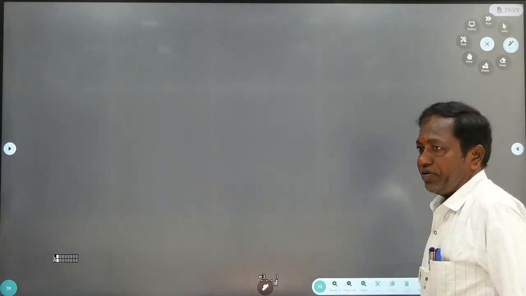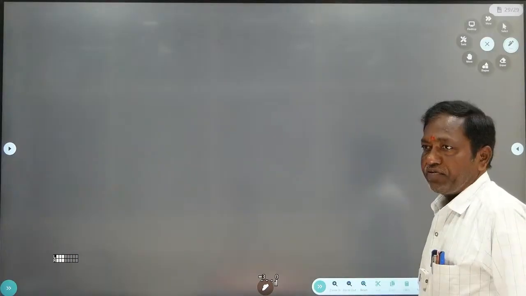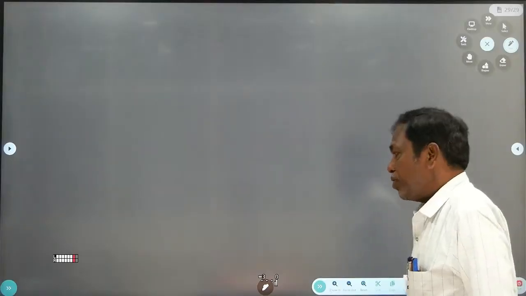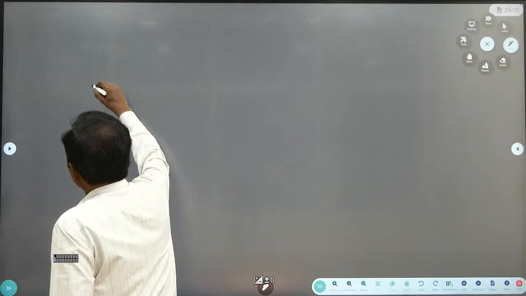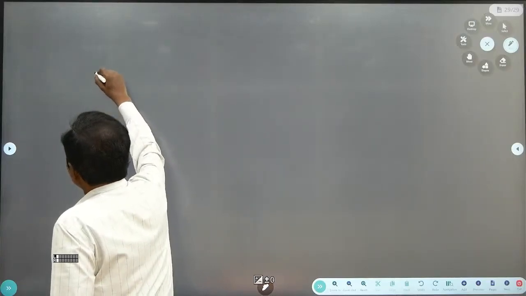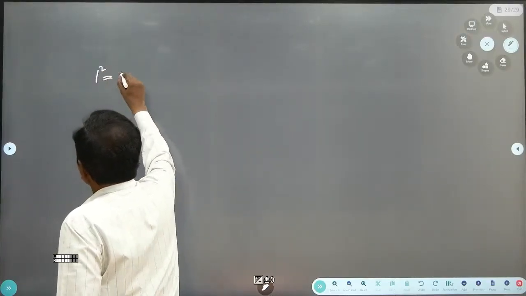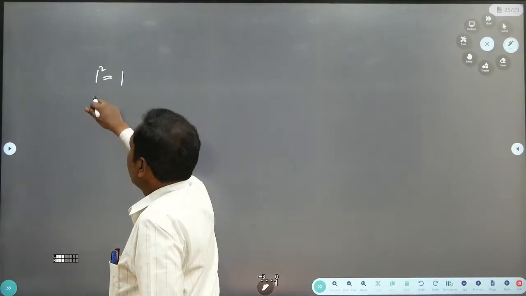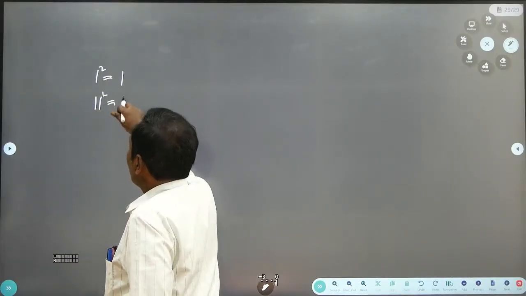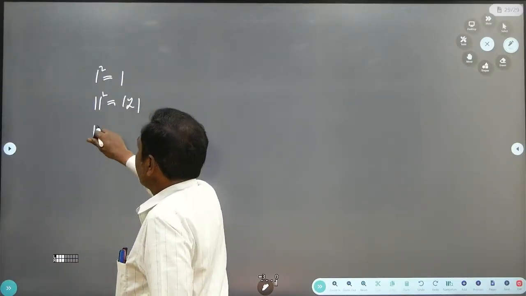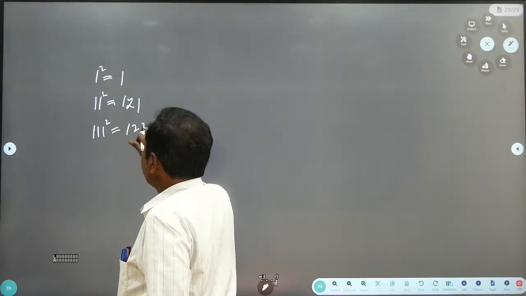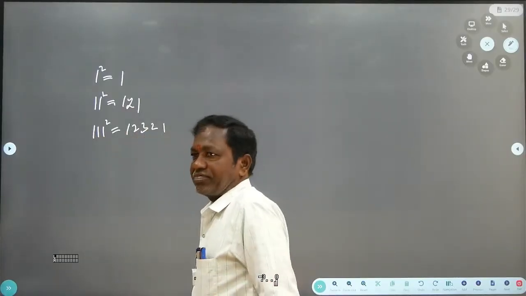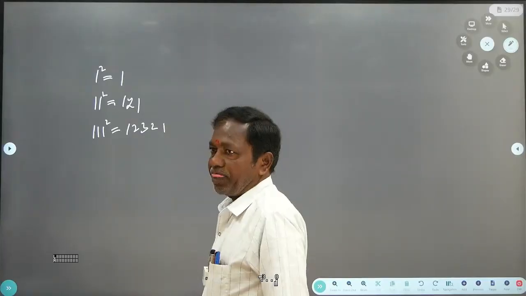What is the next one? 11. Let us talk about 11 now. Another property of 11. Let us talk about 11 square. What is 11 square? 121, we know. 111 square, we find very difficult. 12321.